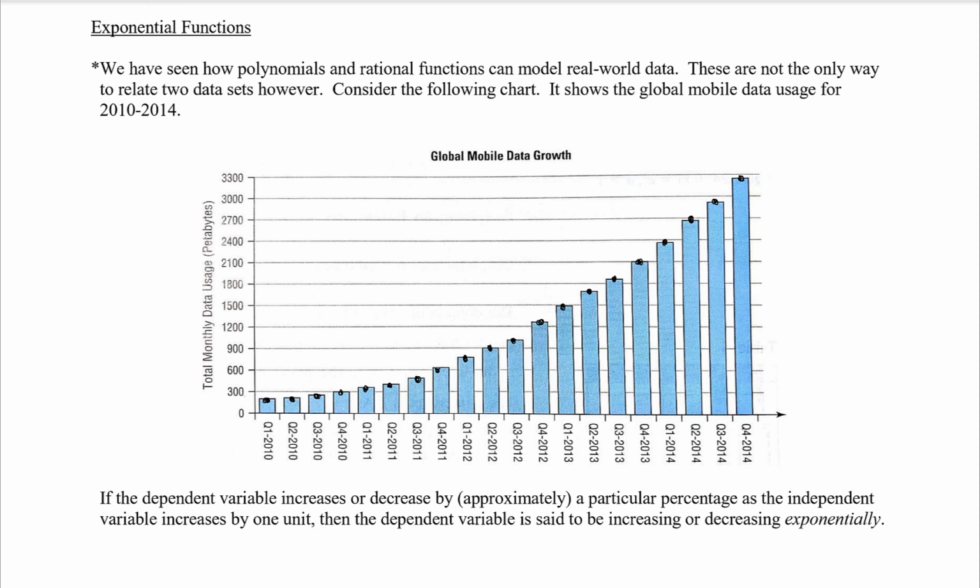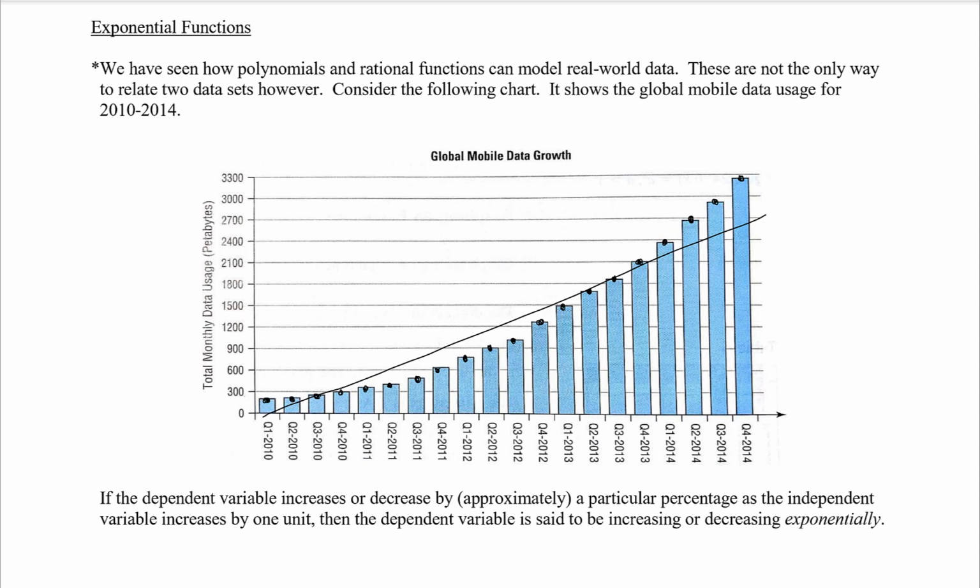So we've got these data points that I've highlighted here. And again, you could argue a linear model would be best here. Maybe the line of best fit looks like that. But by using a linear model, you're saying that the rate at which mobile data use throughout the world increased was constant.